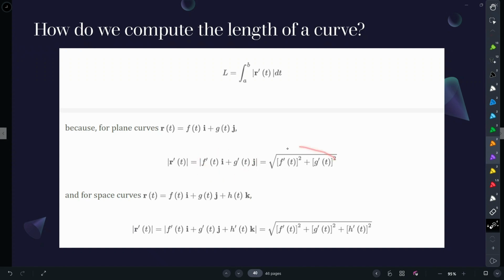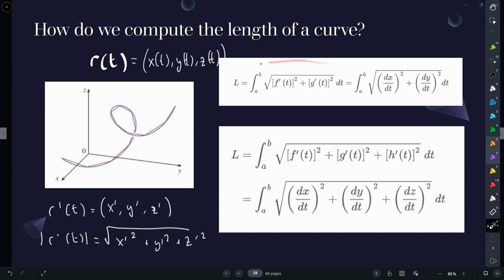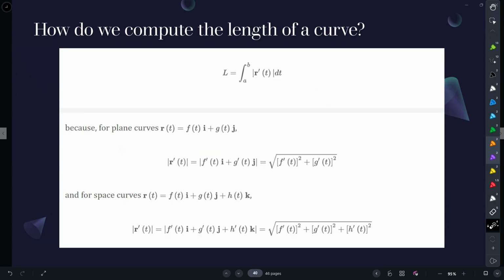And then the length of that vector is this square root, which is the formula you probably learned in calculus 2 for the arc length of a curve on the plane. And if you're doing a vector-valued function in space, then the length of the tangent vector is given by the square root of the squares of the derivatives of each coordinate. And when you integrate that, you get the arc length of a curve.